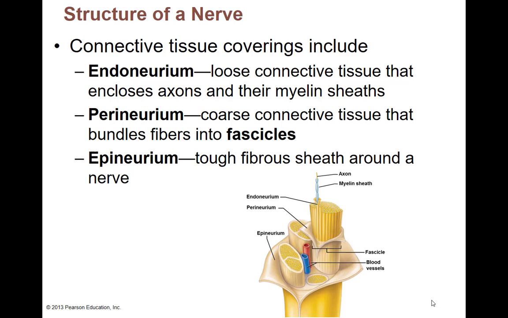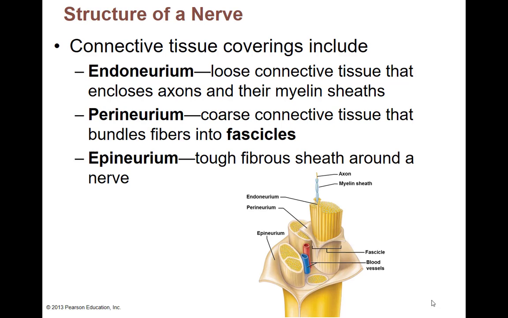I'm going to start on the outside with my epineurium. Start on the outside, work my way in. So a nerve, this whole thing is a nerve. It's a big cord-like bundle, whole thing. On the outside, so on the surface of this entire nerve, we have the epineurium. So epi is on the outside of the nerve.